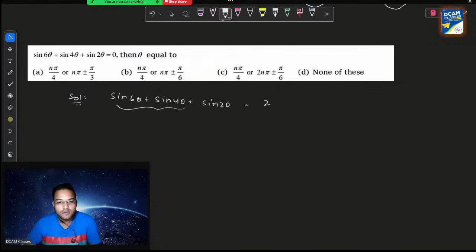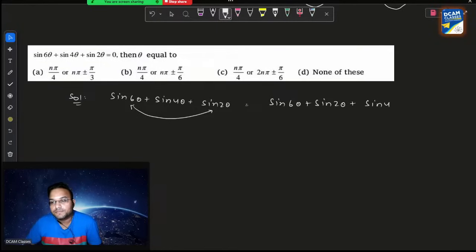I won't get a common factor, so I will use these two: sine 6 theta plus sine 2 theta, plus sine 4 theta. I'll add these two. I'll get 2 sine of c plus d by 2, that is 8 theta by 2, 4 theta, and the second is cos of c minus d by 2, that is 4 theta by 2, that is 2 theta.